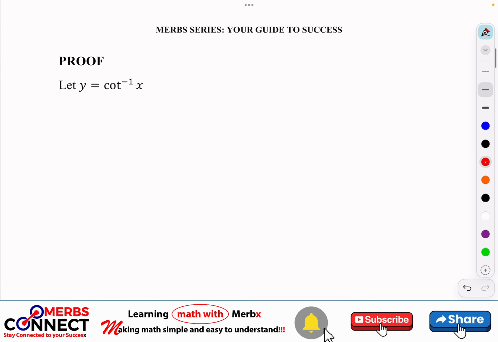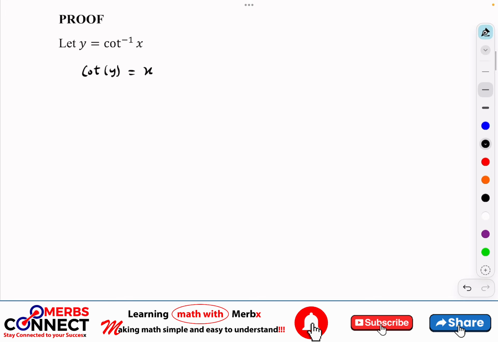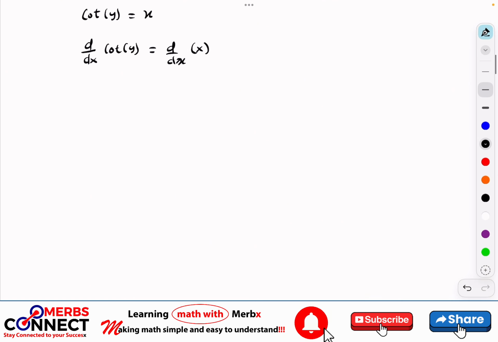Let's prove that. If y is equal to the cotangent inverse of x, then cotangent of y is equal to x. Let's go through the same process again. Differentiate both sides with respect to x. When I differentiate cotangent of y, what am I going to get?